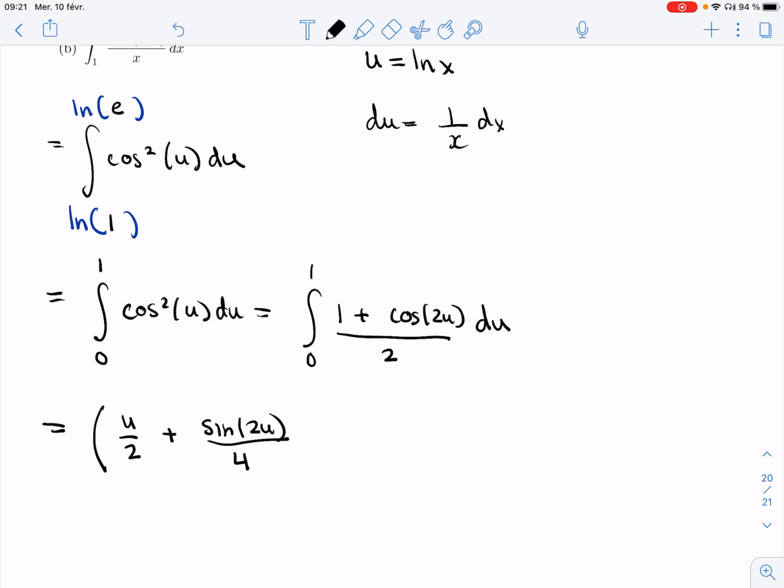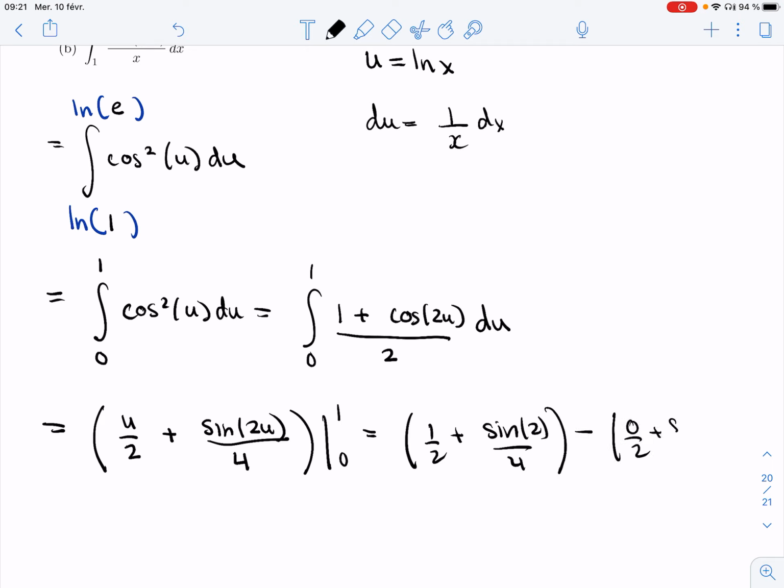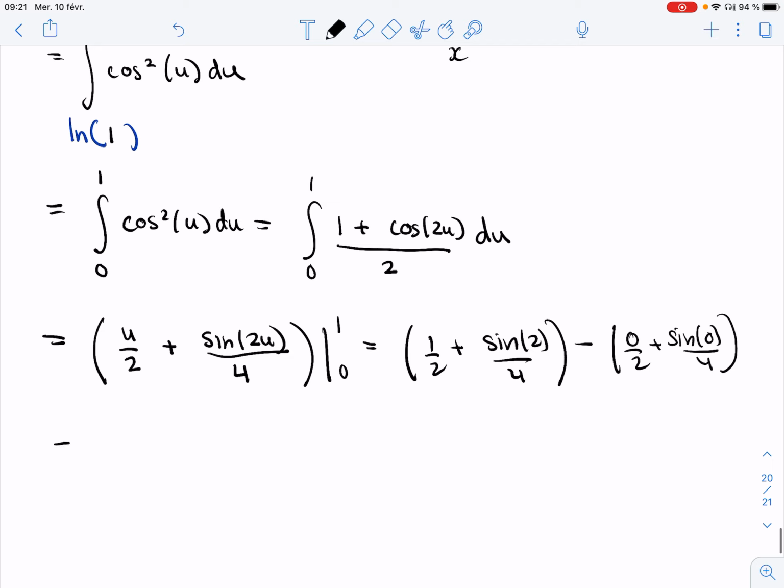We've learned that that means you divide by the 2, from 0 to 1. And so I get 1/2 plus sine of 2 over 4 minus 0 over 2 plus sine of 0 over 4. Don't forget to plug in both. You plug in 1 and you plug in 0. Often for 0 you get 0, but not always. There are a bunch of functions that don't give you 0, but in this case you do get 0. And so you'll get 1/2 plus sine of 2 over 4.